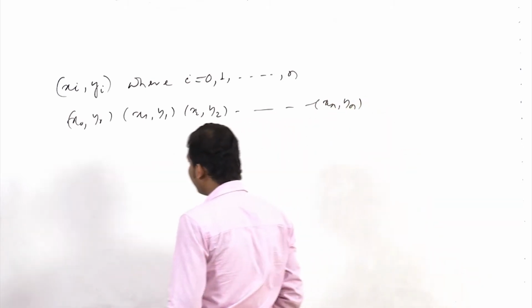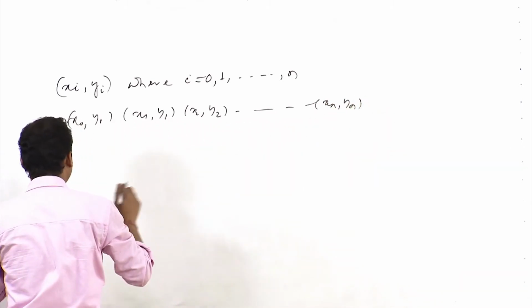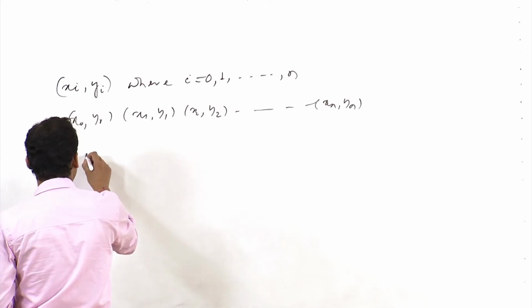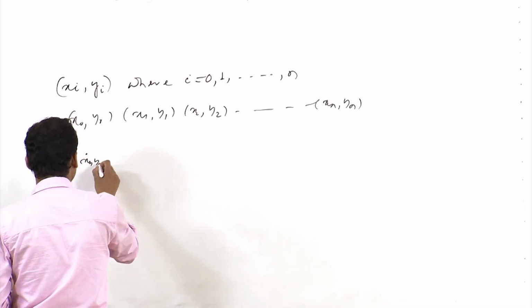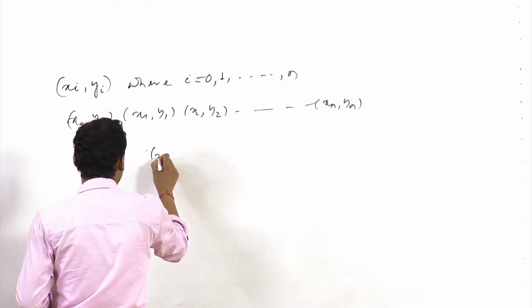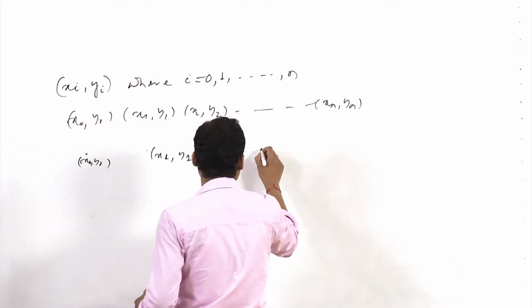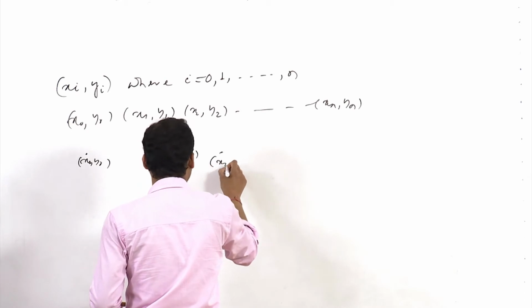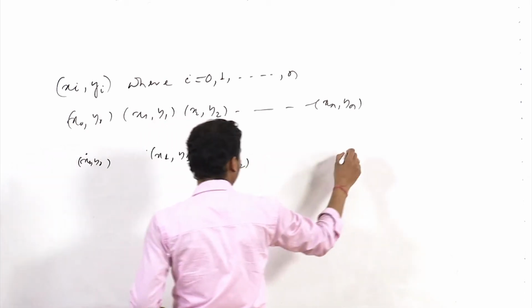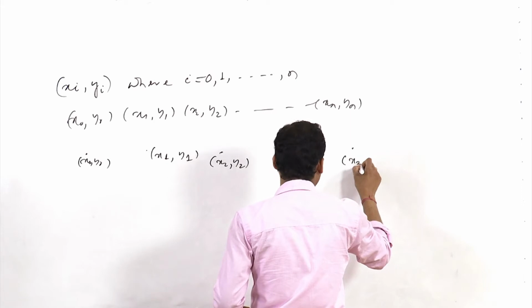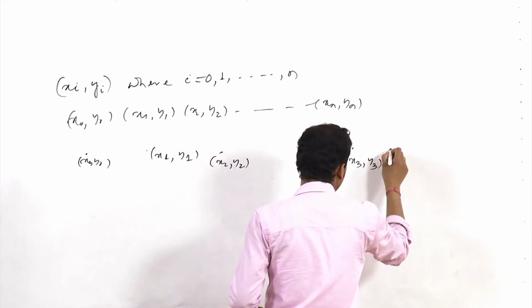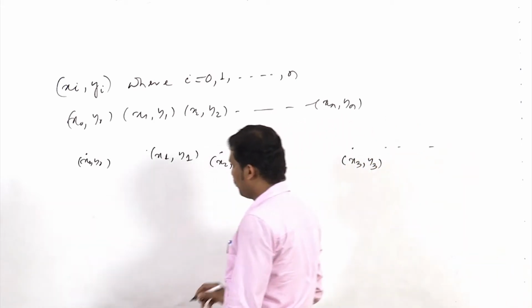So x0, y0 will be placed at this point here, x1, y1 will be placed here, and suppose the next tabular point x2, y2 is placed here. Next the tabular point will be placed as x3, y3 here. So likewise the points will be placed.